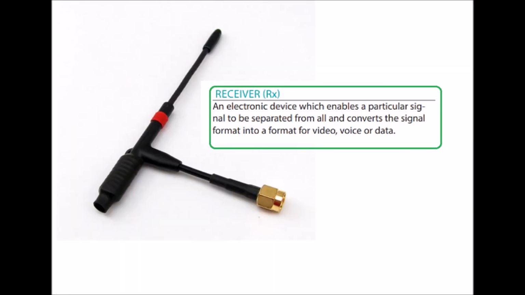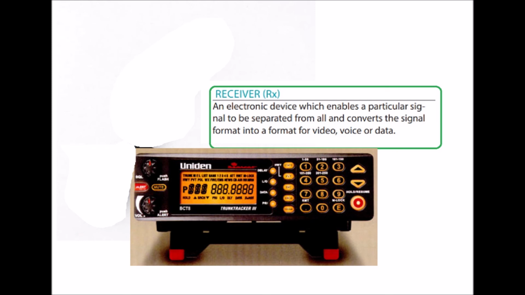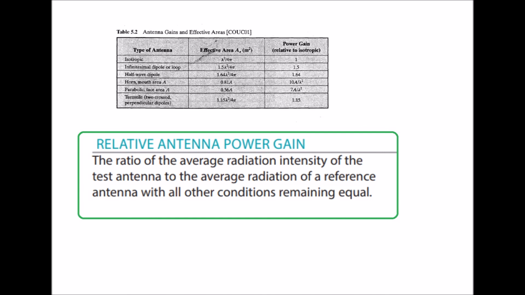Receiver, RX. An electronic device which enables a particular signal to be separated from all and converts the signal format into a format for video, voice, or data. Relative antenna power gain.